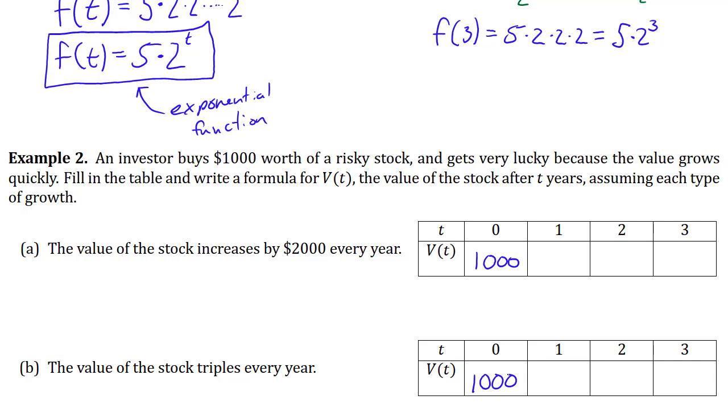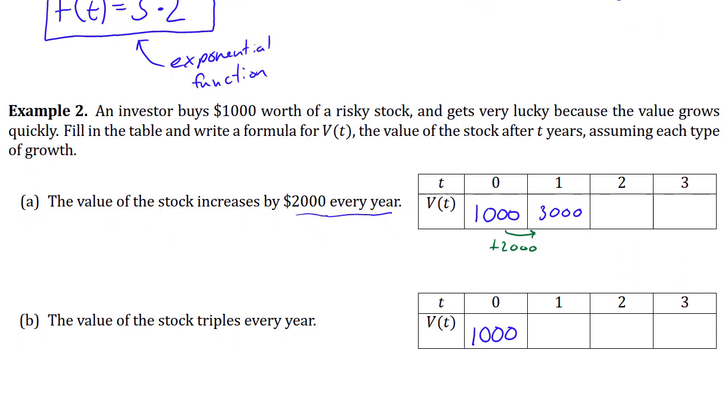So the first one is increasing by $2,000 every year. So this should be going up by $2,000. So it starts at 1,000 and then goes up by $2,000. That's going to be $3,000. Woohoo!